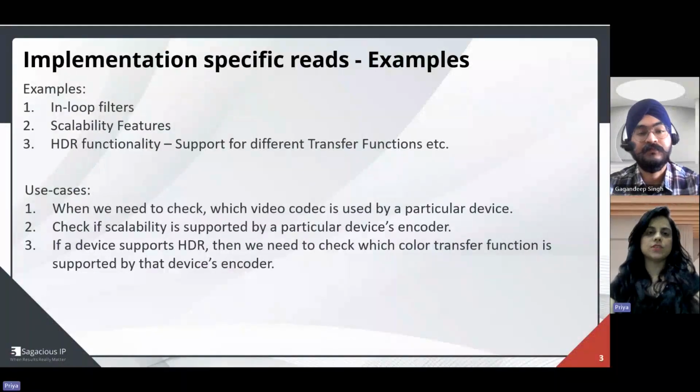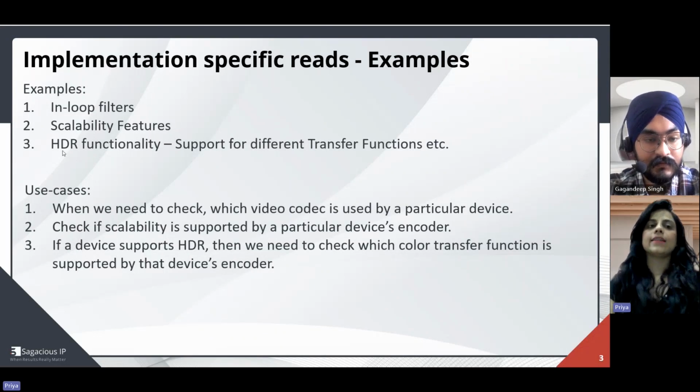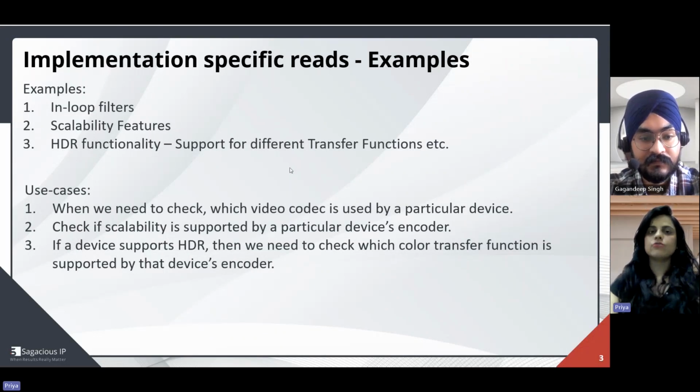Yes. So there are multiple optional features used by the HEVC standard, that is H.265. These features are in-loop filters, scalability features, and there is HDR functionality, which uses different transfer functions.